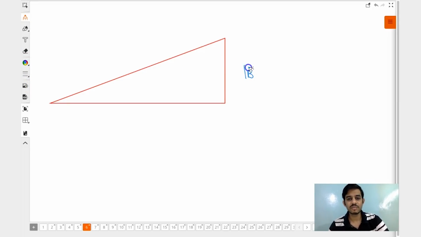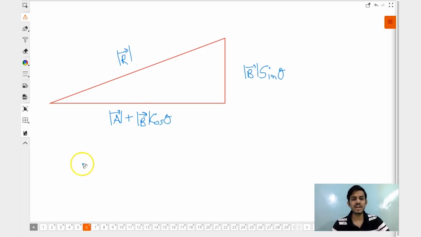This was mod B sin theta. This was mod A plus mod B cos theta. And this was the resultant. Okay, resultant का magnitude तो we just derived.